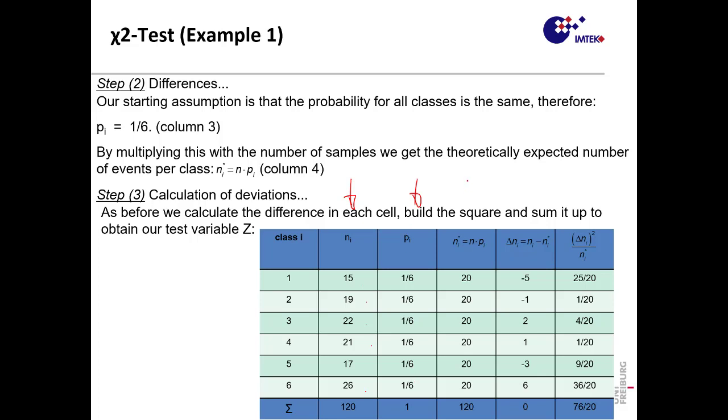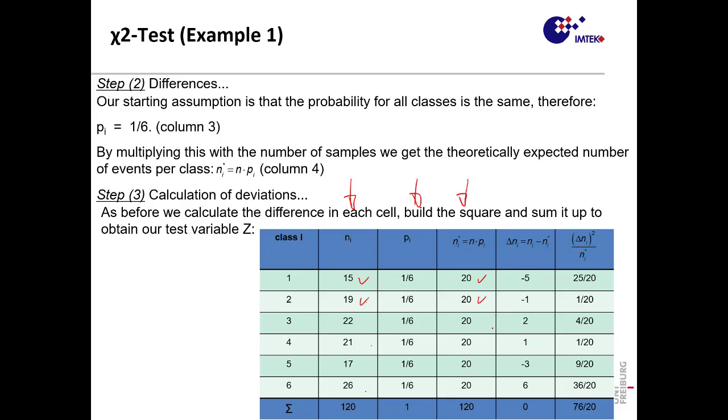The third column is the width times the probability. If we have 120 and it's a uniform distribution, the only way is that each of the bins has 20. Okay? So that is defined like that, and then we have to subtract 20 from 15, or the other way around. It doesn't matter because at the end you will square it.